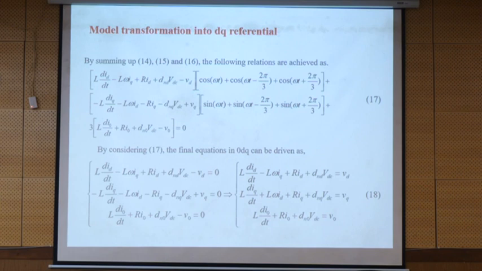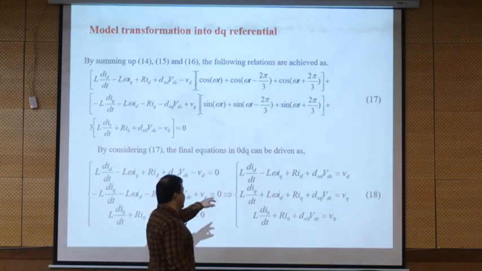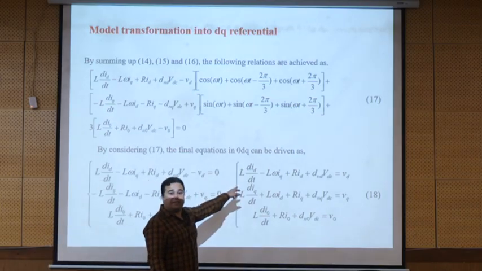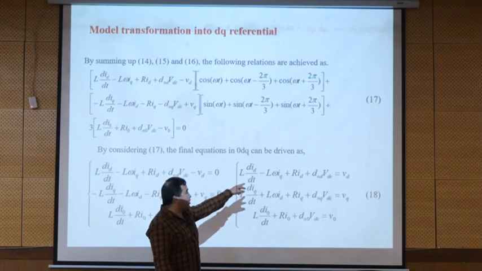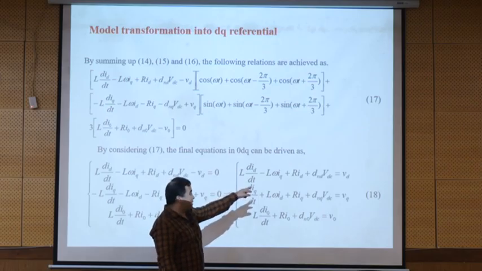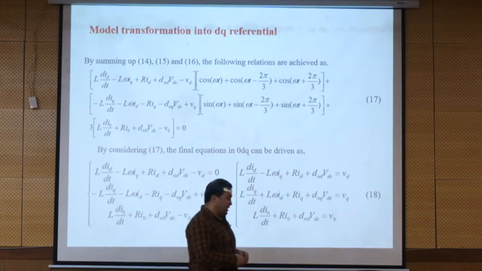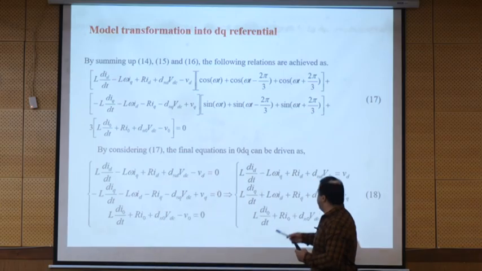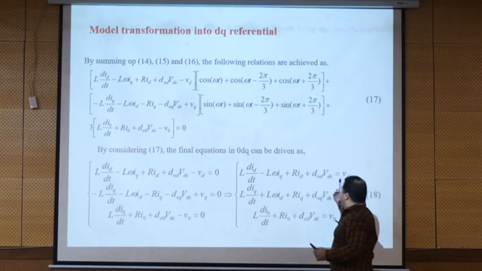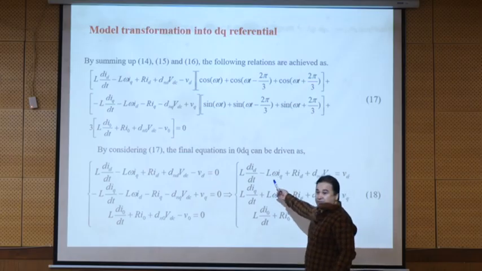If we get back and see a little bit more detail, we see that we have L dId/dt minus L omega Iq plus R Id plus, we see that all components here are from D except this part.